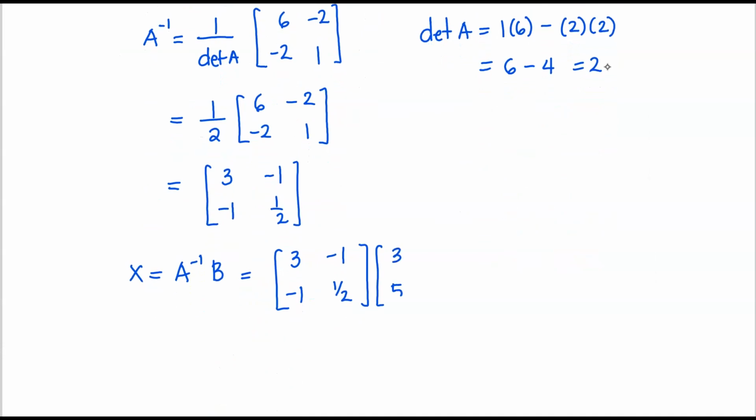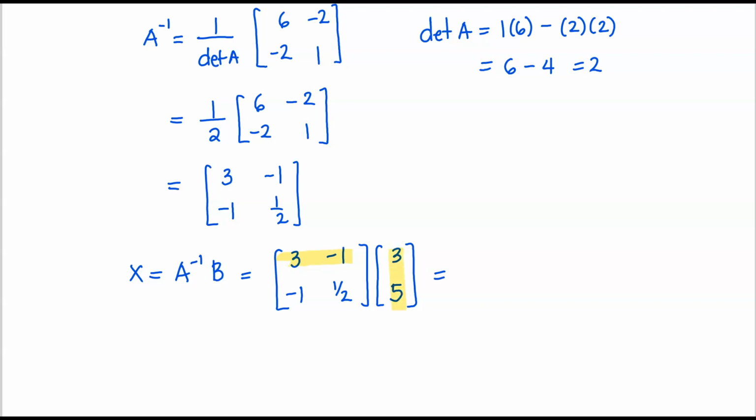Then you multiply the matrix here. That means you look at the row here, and multiply that by each of the entries of the column here.